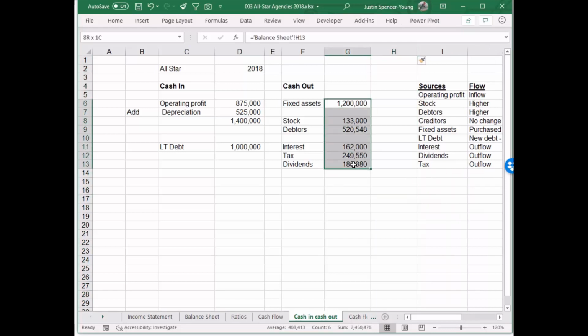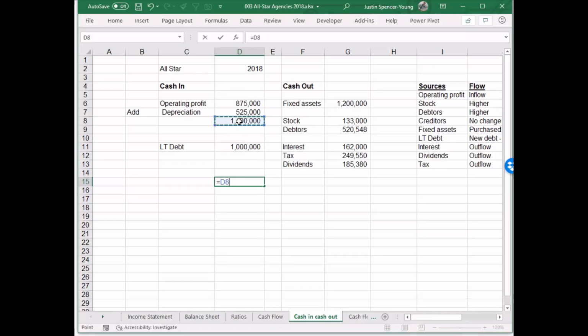We have got a list of cash ins, list of cash outs, and a list of cash ins over here. Let's do a little calculation here at the bottom. We want to add these two together to get the cash inflow. And over here, we're going to do just a little sum, and we'll add these together to get a cash outflow.